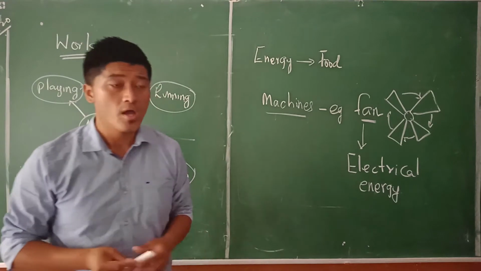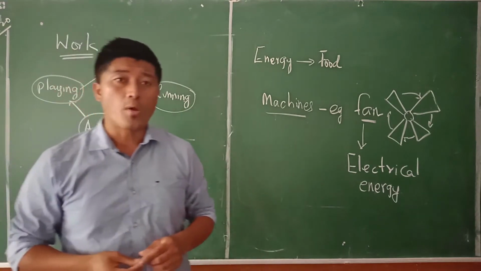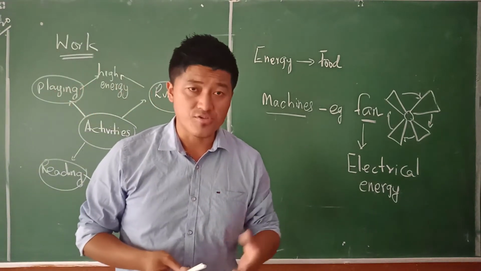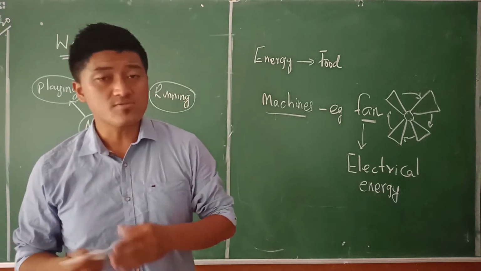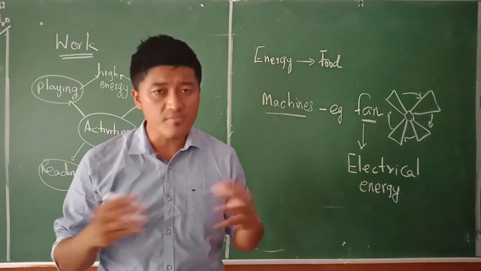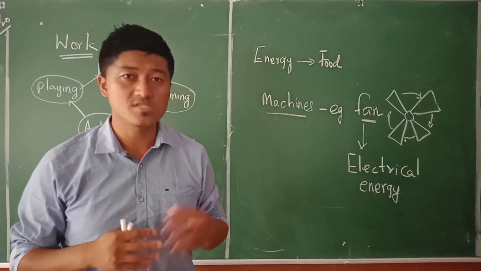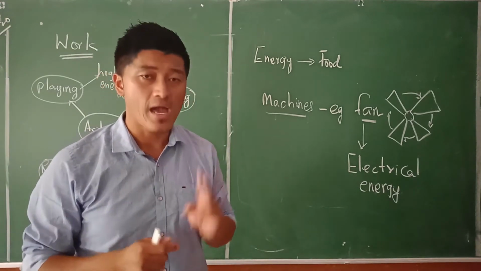So in short, what I am trying to say is that whenever there is an involvement of energy, there is some amount of work. Understand? So work and energy are very much interrelated with each other, these two words, work and energy.